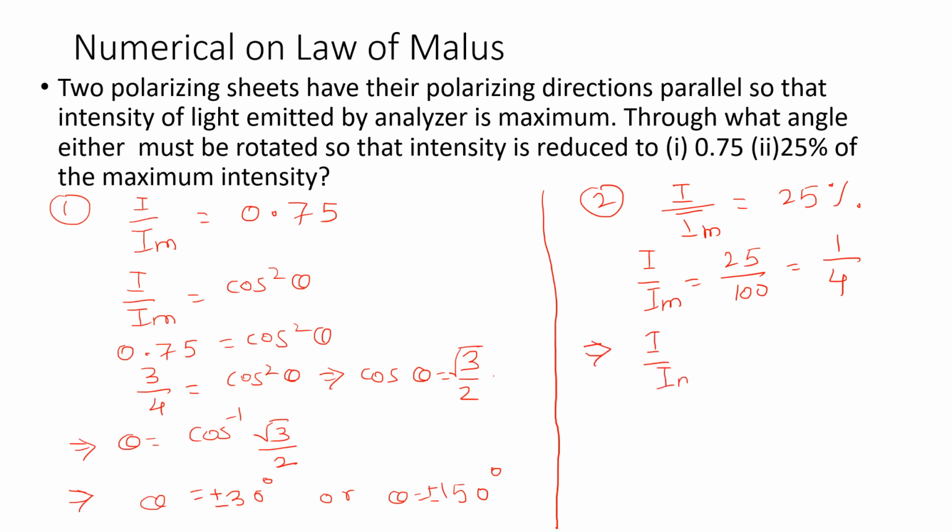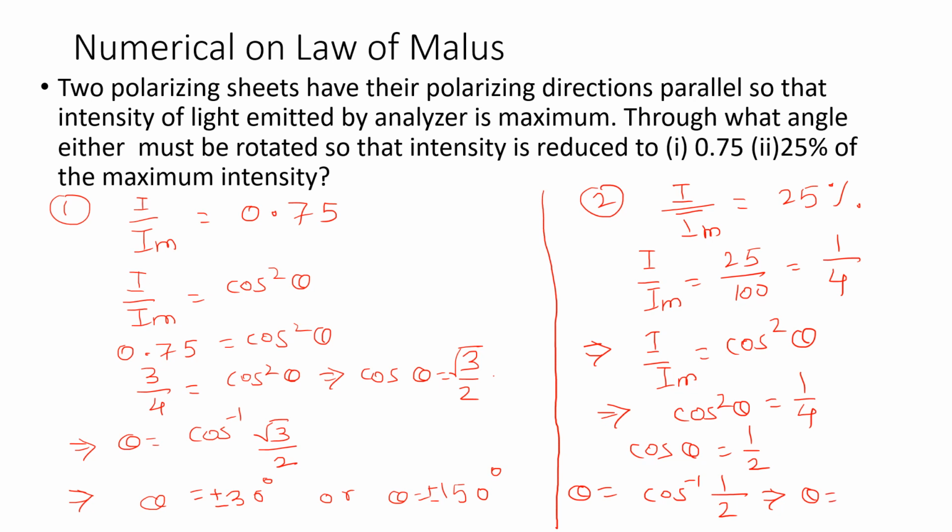I upon Im is equal to cos square theta as per law of Malus, which implies cos square theta is equal to 1 by 4, cos theta is equal to 1 by 2. So theta is equal to cos inverse of 1 by 2. That is, theta can be 60 degree or theta can be 120 degree.